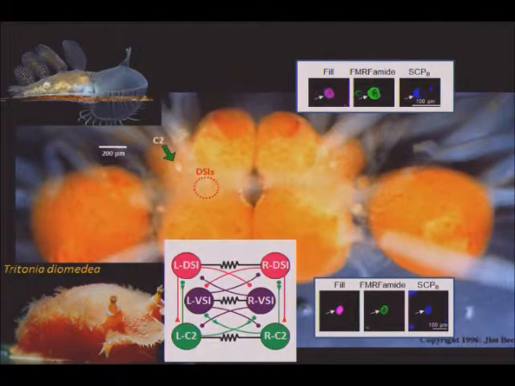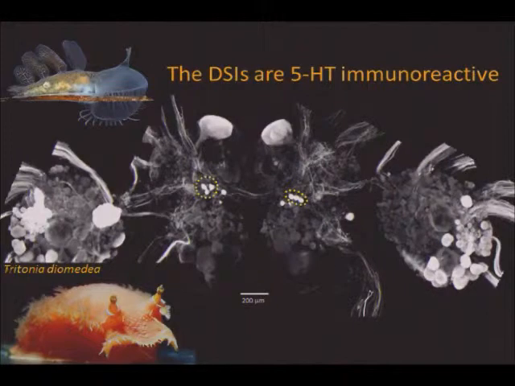The dorsal swim interneurons are located here, and we can visually identify them by eye in these species. But you can see them better if you do serotonin immunostaining. So here, these neurons are serotonin immunoreactive. Here's that giant cell that I showed you a minute ago. It's also serotonin immunoreactive, but it's involved with feeding.